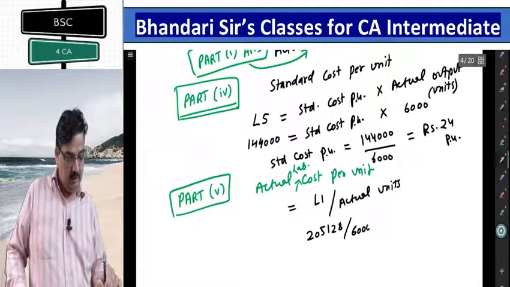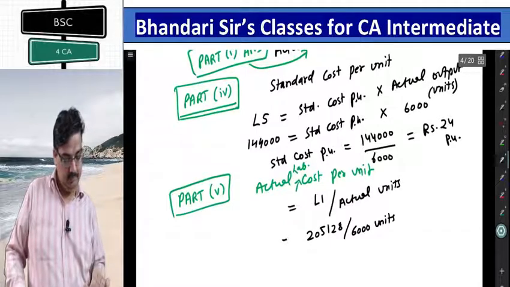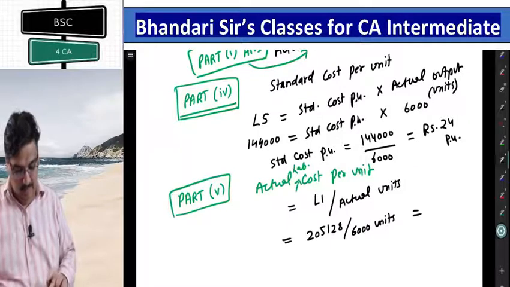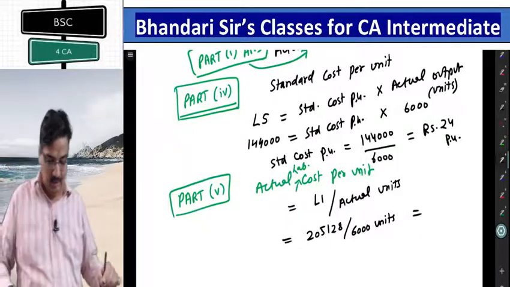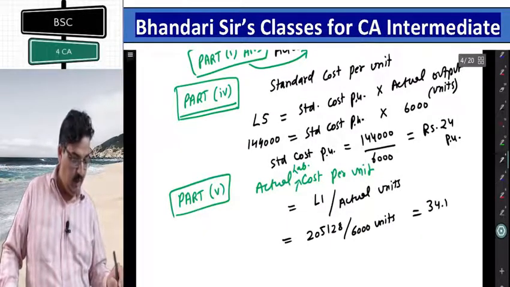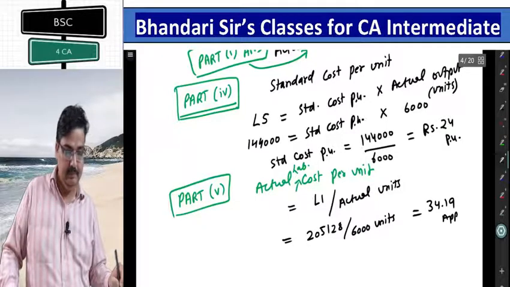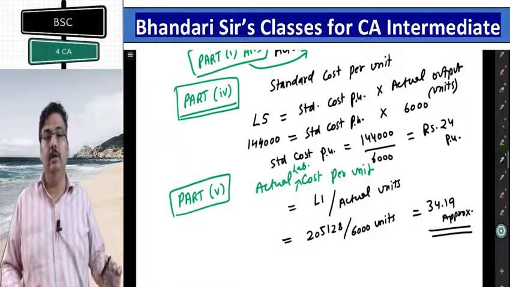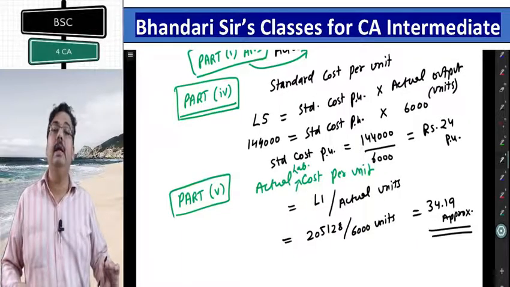Divide by 6,000 units. 205128 divided by 6,000 units, I am getting 34.19 approximately. This completes question D7.